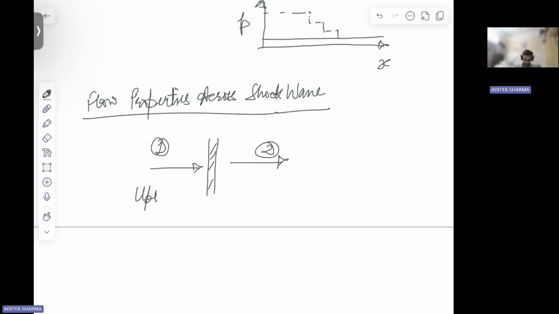This is upstream of the shock, this is the shock, and this is downstream of the shock.